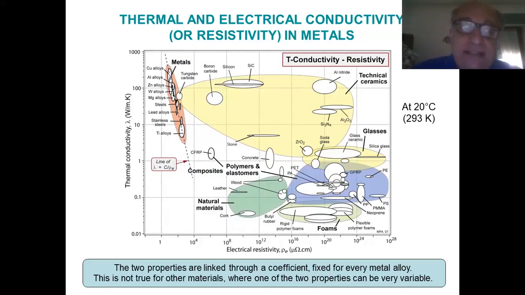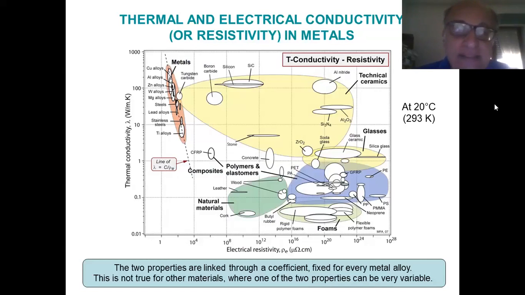One of the things we all know about metals is that they are conductive. And we assume also one other thing, which is not as obvious as it may seem, that if the materials are electrically conductive, they are also thermally conductive.